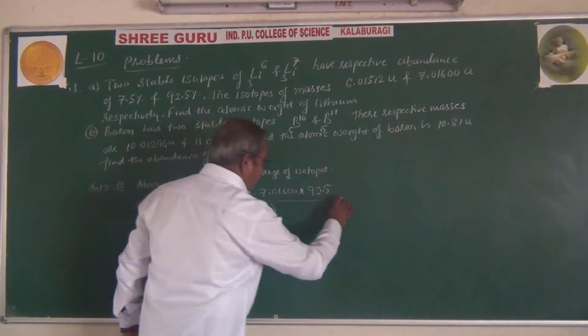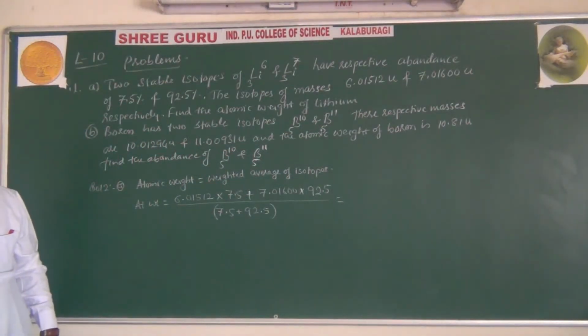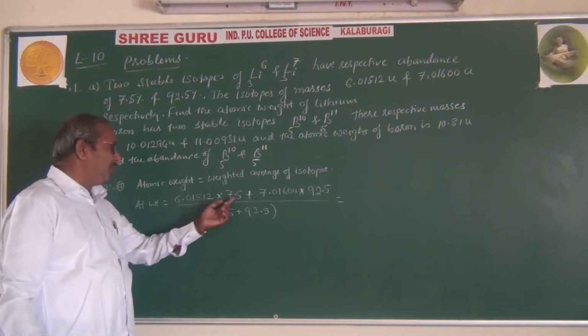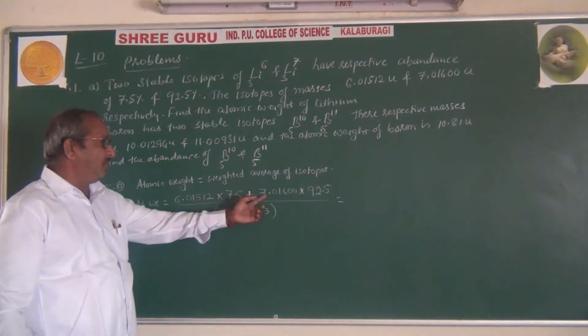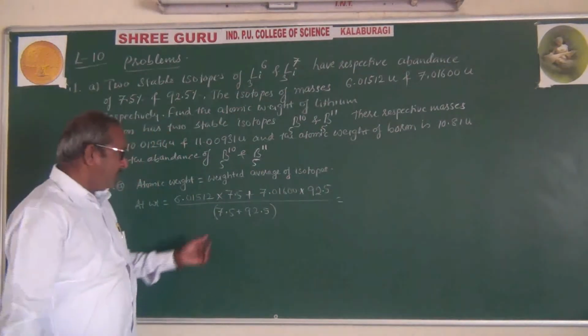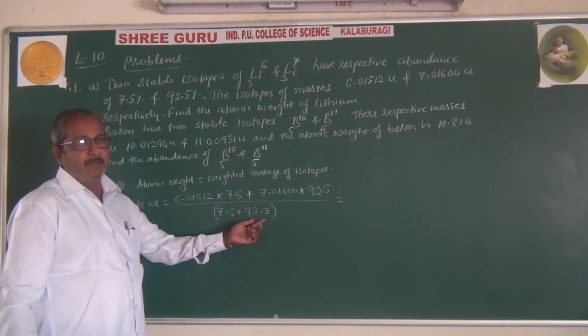This we have to simplify. So it is 6.01512 into 7.5 plus 7.01600 into 92.5, divided by 7.5 plus 92.5.